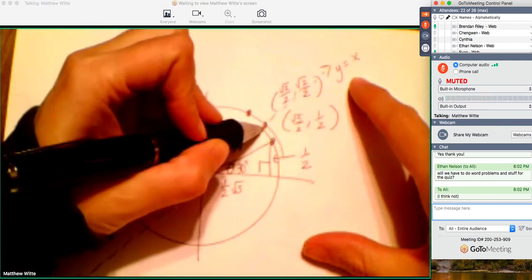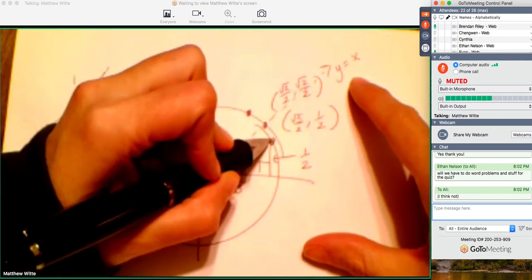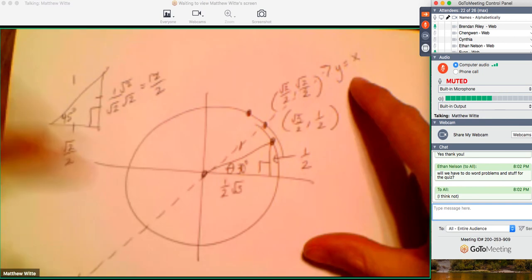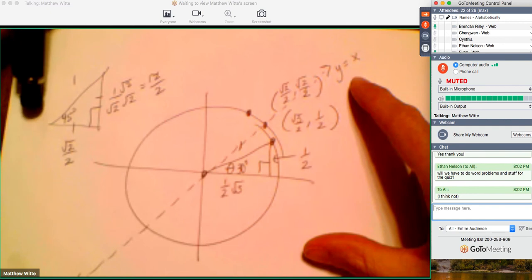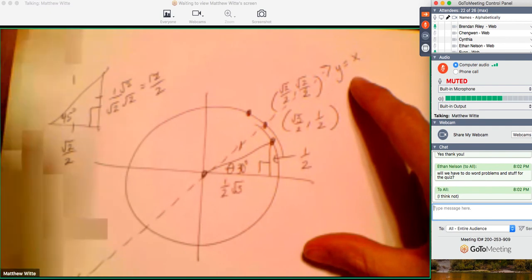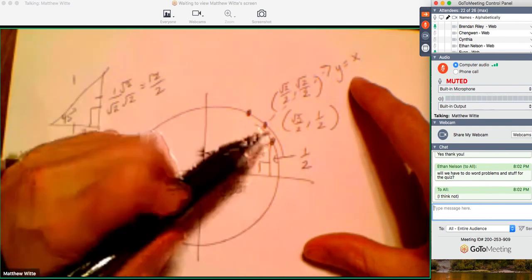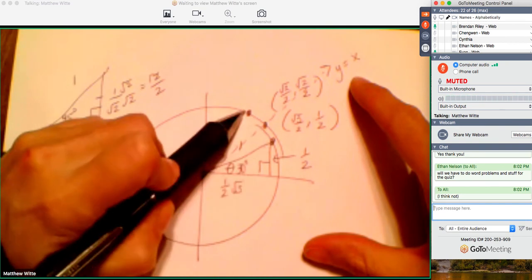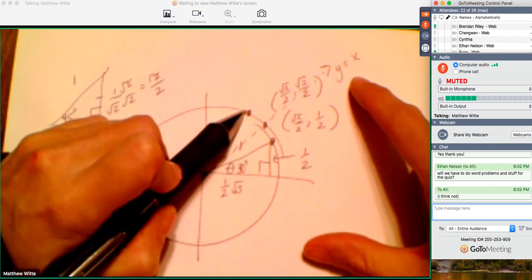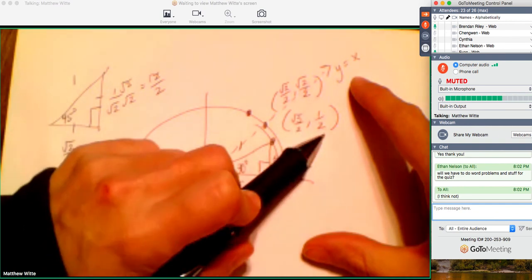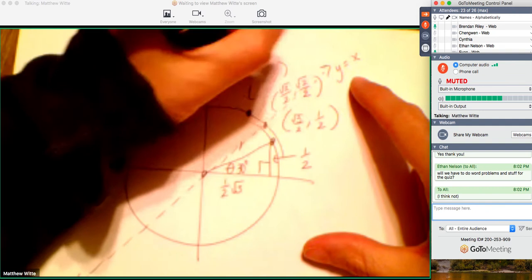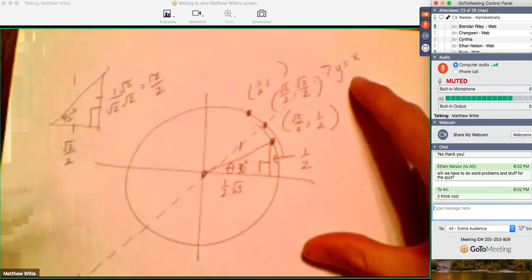And your 30-degree angle is 15 degrees away, and your 60-degree angle is 15 degrees away as well. So the neat thing is that this is a perfect reflection over y equals x. So if my 30-degree angle has a coordinate square root of 3 over 2, comma, a half, my 60-degree angle will have the swapped coordinates.